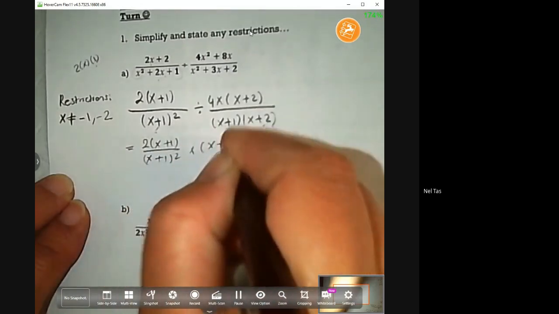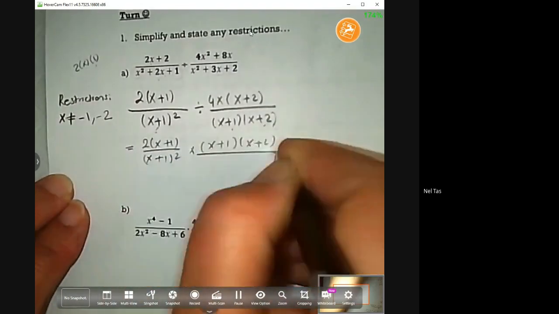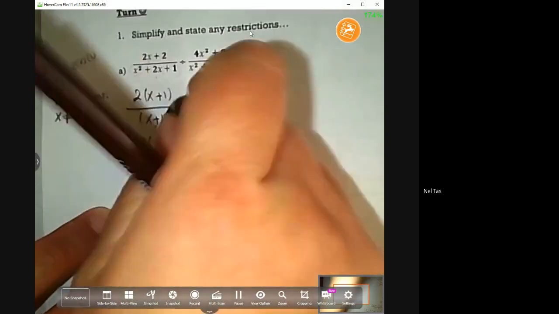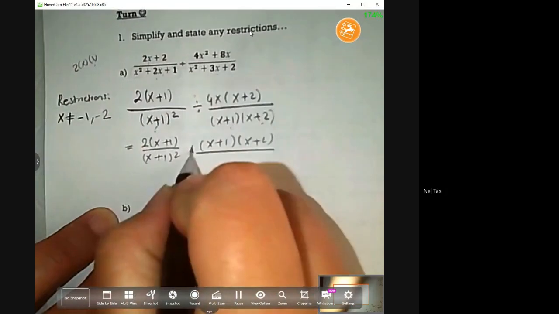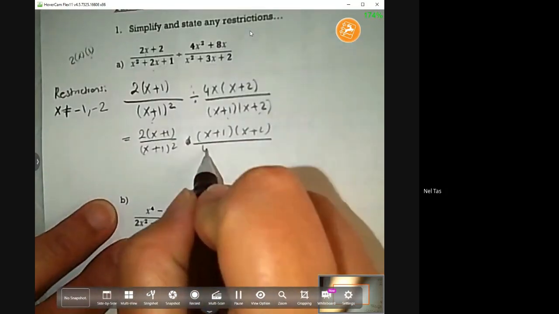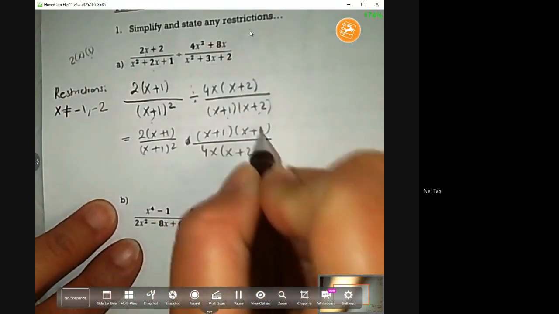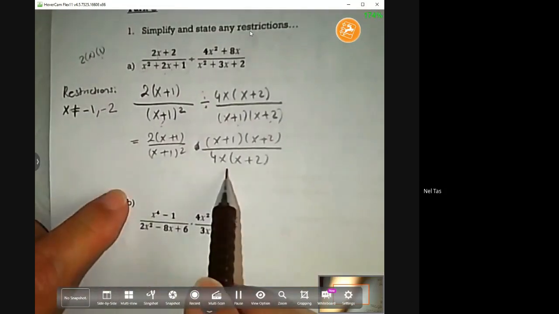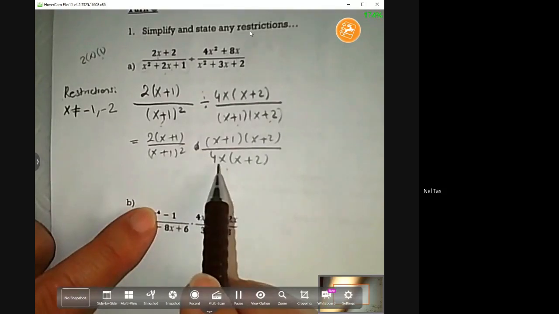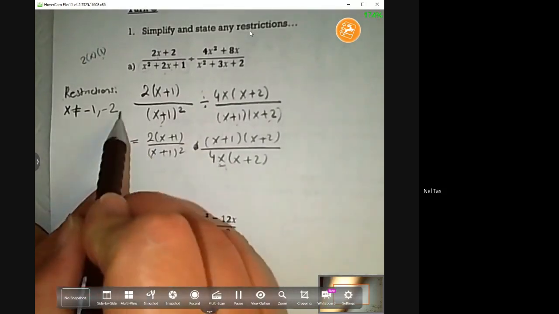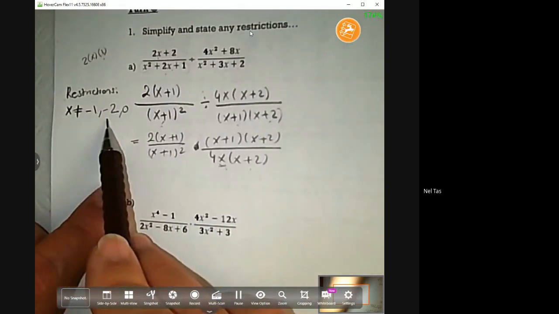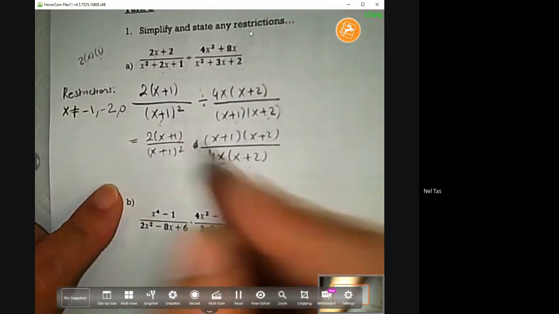So (x + 1)(x + 2) over, let me use a dot here so that you don't confuse it with x, 4x times (x + 2). Now check the denominator one more time after you flip it. So x cannot be 0. X cannot be negative 2, you already have it there. Okay, so restrictions are done.